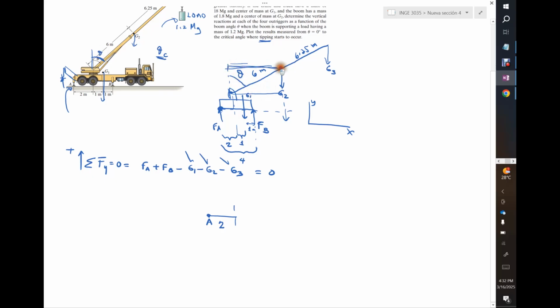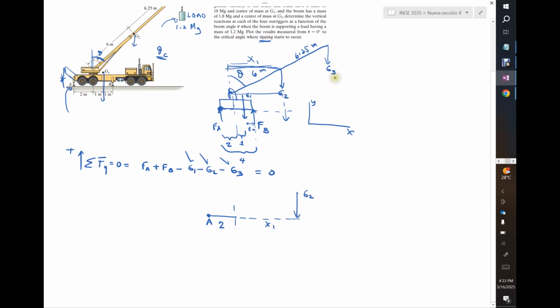That's theta there. So what is this distance? Let's call that distance x1. That distance x1 has to be added to whatever distance is here, which is about 2. So I'm going to call it x1 for that force coming down, which in this case is G2.